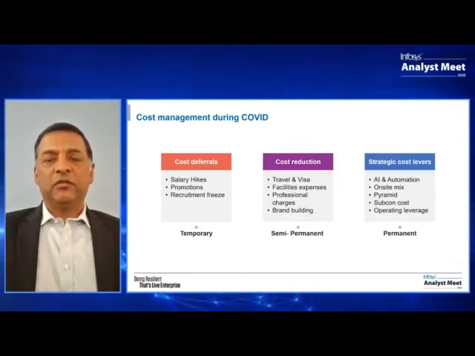We think some of these are on a more permanent basis here to stay as remote working picks up. And some of these will, of course, come back as we open up these expenditures again. And finally, our strategic cost levers, which we've always been talking about around on-site offshore mix, automation, subcontractor costs, operating leverage, which I will talk to you about in more detail.